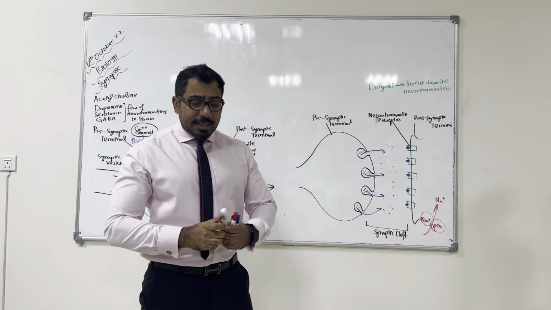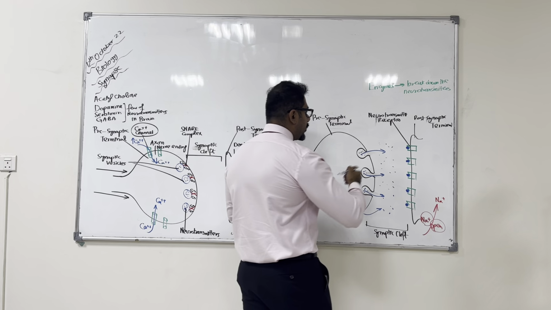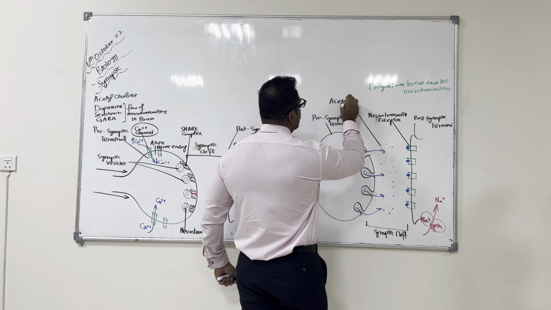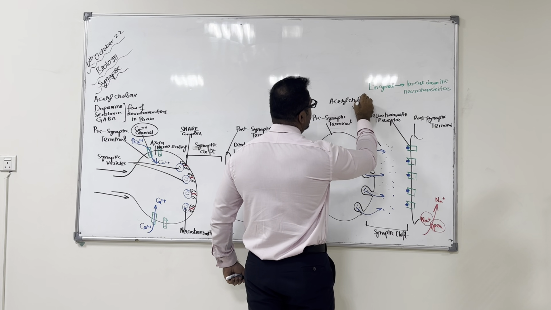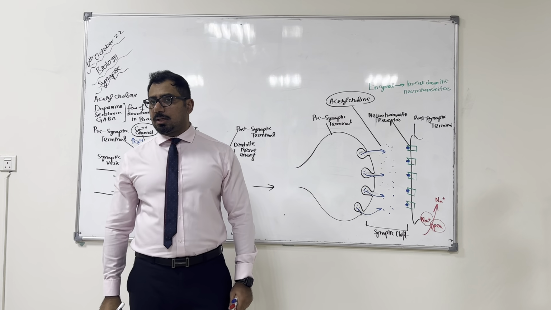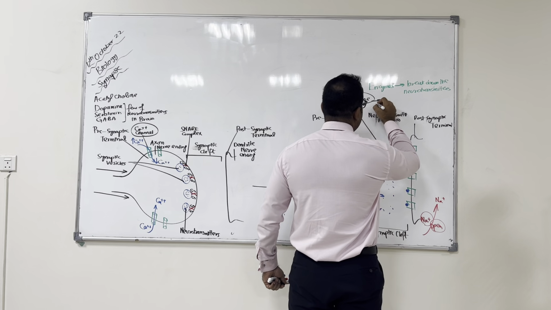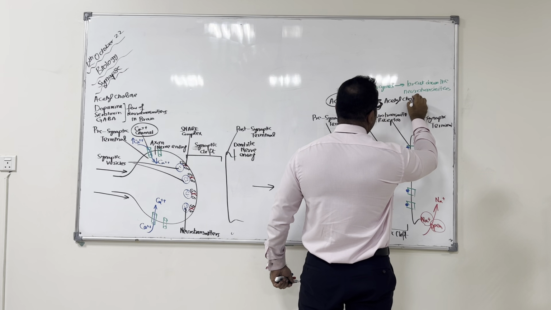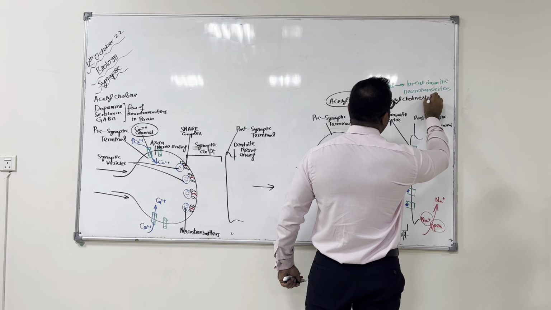I told you that let's suppose this neurotransmitter is acetylcholine. The enzyme that breaks down the acetylcholine is acetylcholinesterase.